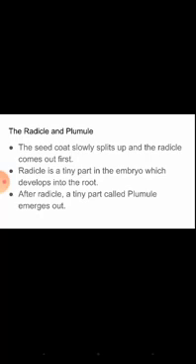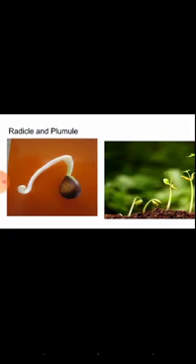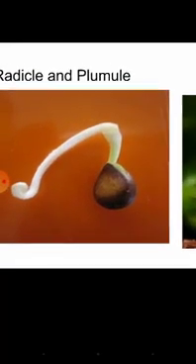So the radicle is a tiny part in the embryo which develops into the root. After the radicle, a tiny part called the plumule is also present in the embryo. That grows out as the shoot of the plant. Shoot is nothing but the stem. See this picture. In the first picture you can see a seed.